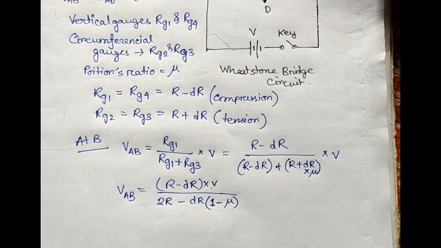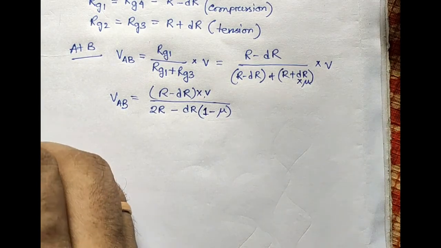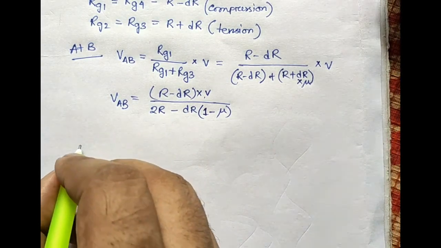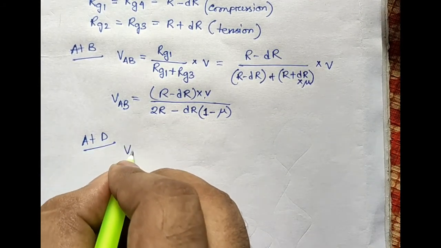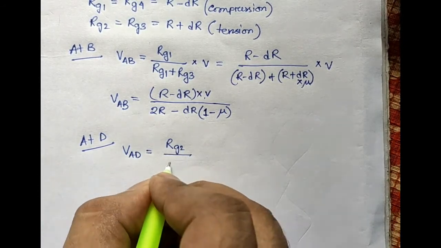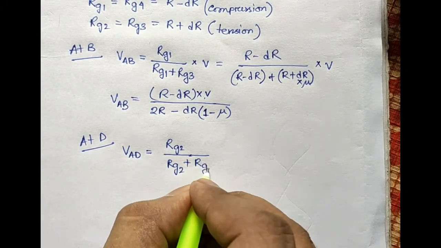Similarly, if we need to find the potential at terminal D, the potential will become V of AD, that is Rg2 over Rg2 plus Rg4.